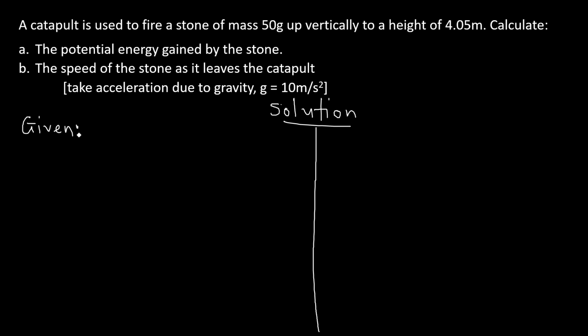So first of all, let's write out the parameters that have been given in the question. So what do we have? We have the mass of the stone, which has been given to us to be 50 grams. But we need to convert these 50 grams into kilograms, and that will give us 0.05 kilograms.